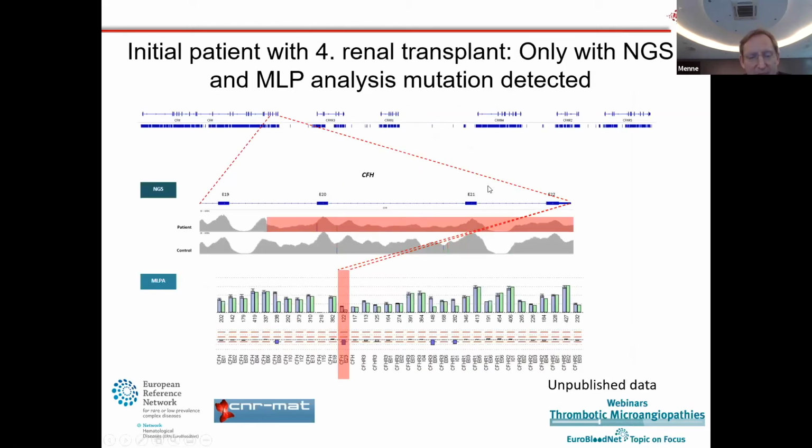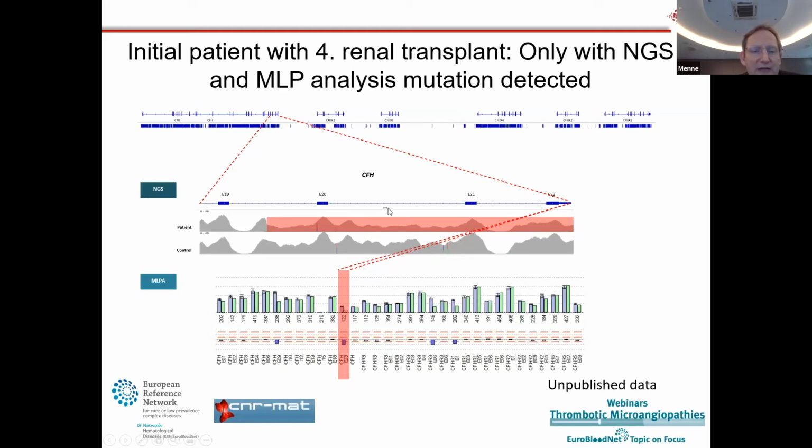And coming back to the first patient, I told you that we couldn't find a mutation in 2009. In 2014 we repeated it with next generation sequencing and MLPA analysis. And what we found was that he had a complete deletion of the final exons of the CFH gene. Of course, we couldn't find it in Sanger sequencing because it was a deletion.